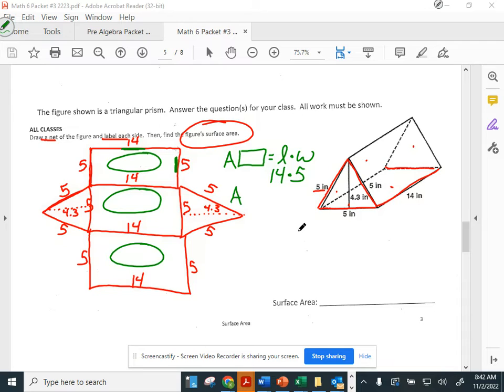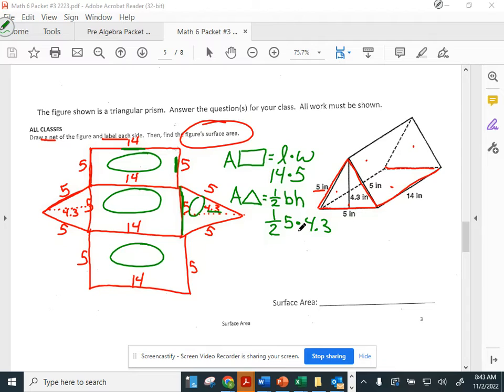Then I need my area of a triangle, which is 1/2 of the base times the height. So I want 1/2 of my base, which is 5, times my height, which is 4.3. I can use my calculator and say 5 times 4.3 divided by 2.